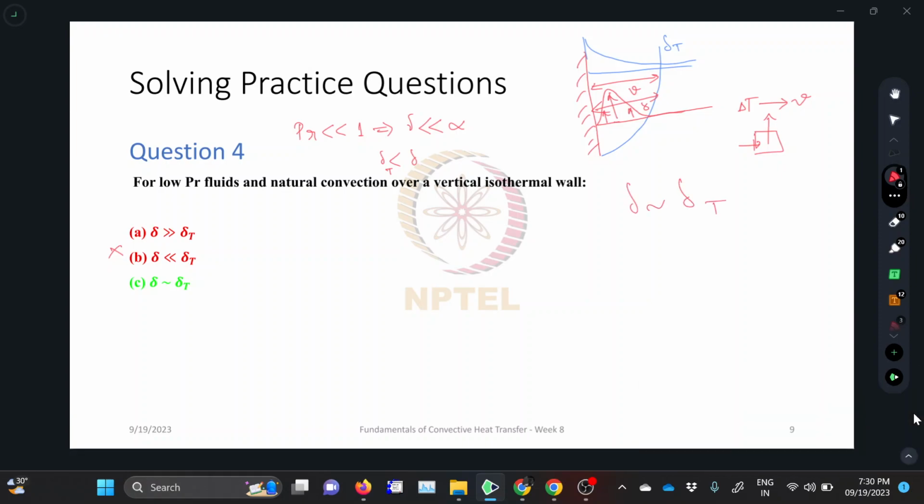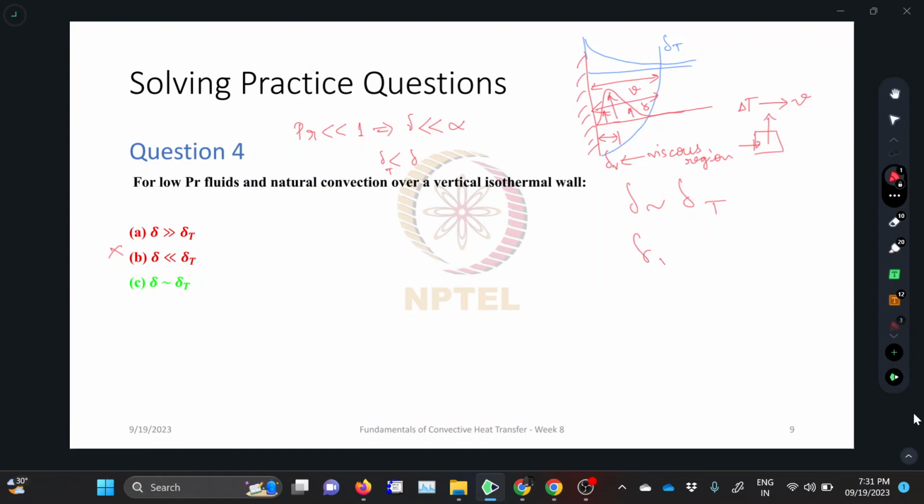Get my point? However, there is this small region near the plate where these velocity gradients are pretty huge. We call that delta V, or the viscous region, where viscous forces are very dominant.